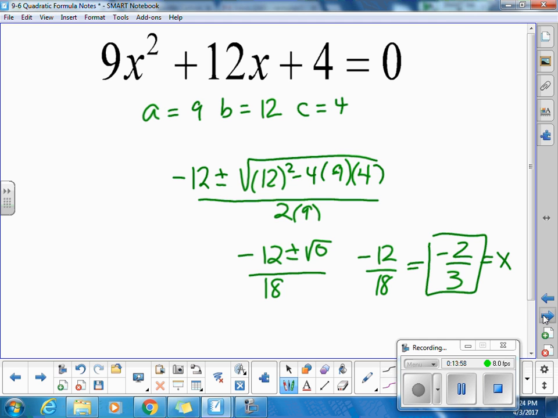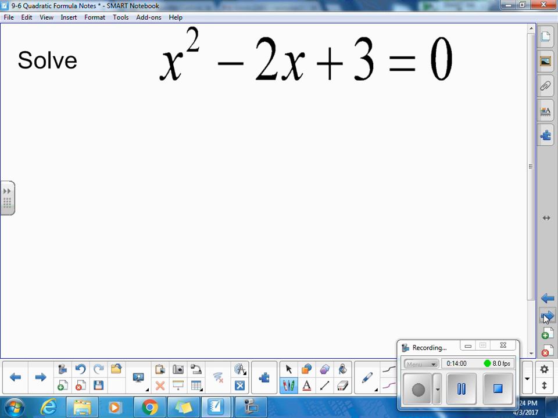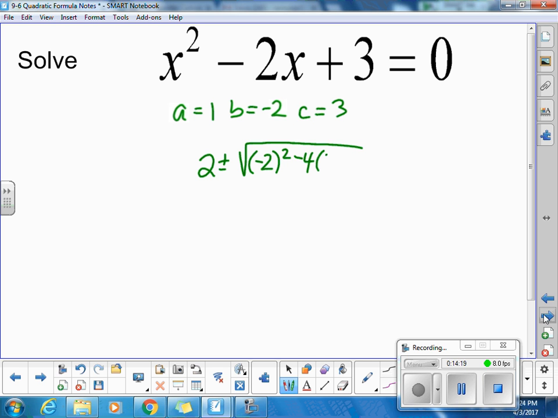So we can have one answer. We know we can have two. We've already had some with 2. Let's do this one. It's in the right form. A is 1, B is negative 2, and C is 3. Opposite of B, negative negative 2 is 2, plus or minus the square root of negative 2 squared minus 4 times A, which is 1, times C, which is 3, all over 2A.